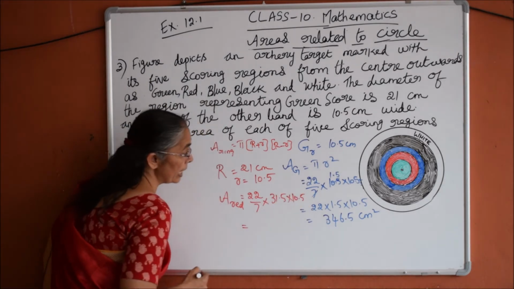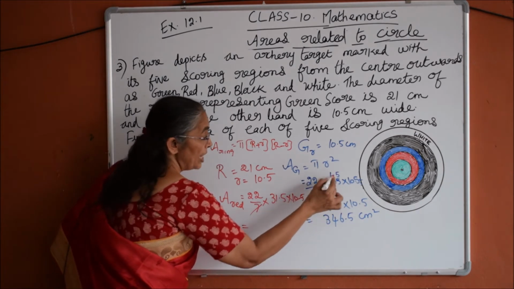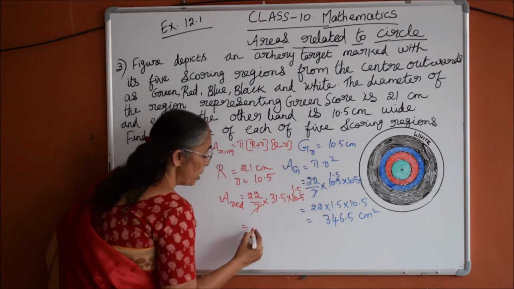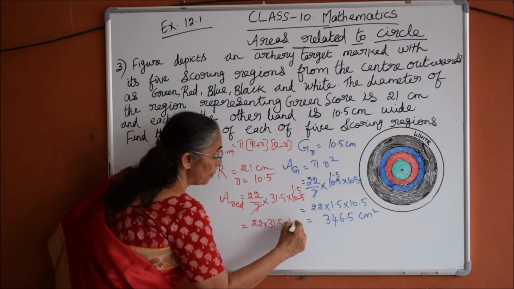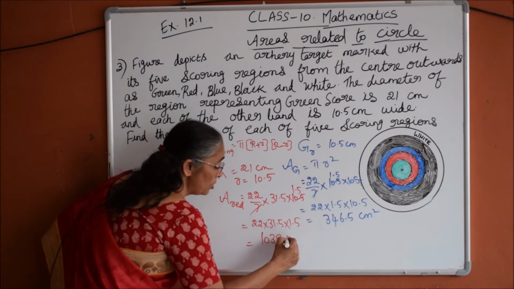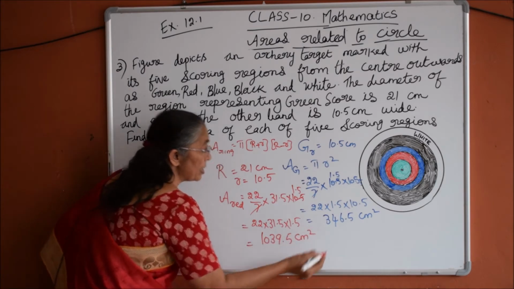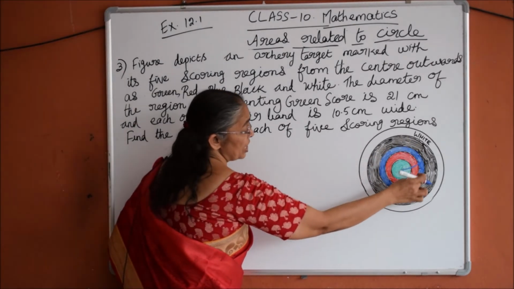We can cancel 10.5 with 7, which gives 1.5. Now multiply 22 into 31.5 into 1.5. So, area of the red region is 1039.5 centimeter square.